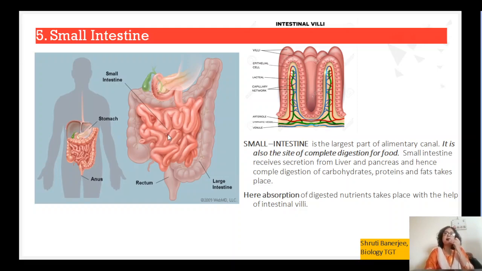The second important factor these villi have is the membranes. See, these membranes are very, very thin, and just below the membrane are present the blood capillaries. So as soon as the molecules have broken down to the absorbable form, they will directly get transferred to the blood, that is the transport system, and all these materials will be carried by the blood to the different organs. So absorption becomes easier in the small intestine.